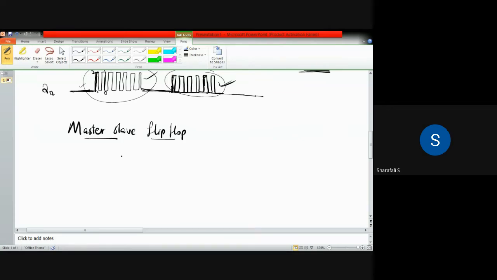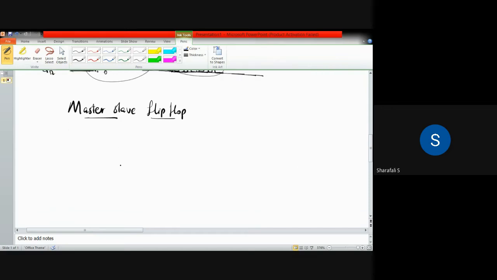Since we are familiar with the JK flip-flop, we can consider the JK flip-flop itself. We will show how we can avoid the race around condition in the JK flip-flop by using the master-slave flip-flop. We will have the first JK flip-flop as we discussed earlier.